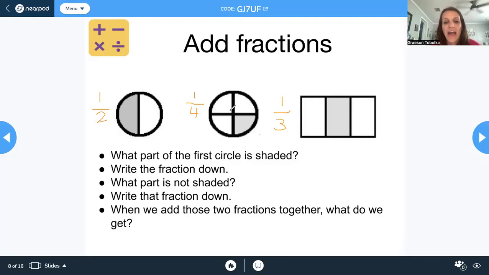Okay. If we add two fractions together, let's add 1/2 and 1/4. As you can see, they do not have the same denominator. So when that happens, we have to break the half into fourths or the fourth into halves.